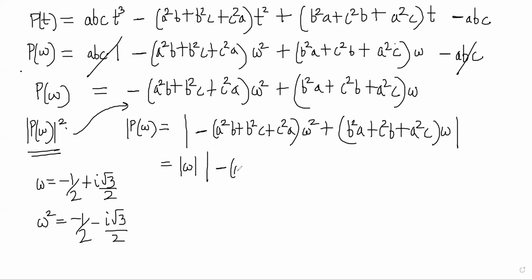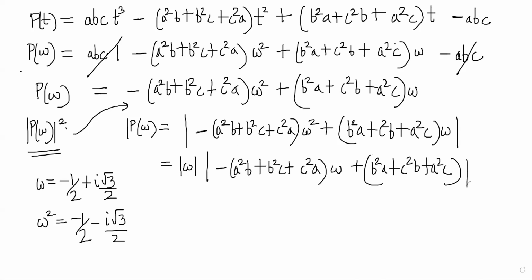So this becomes minus (a square b plus b square c plus c square a) w plus (b square a plus c square b plus a square c). That's it, right? Now this part is 1.